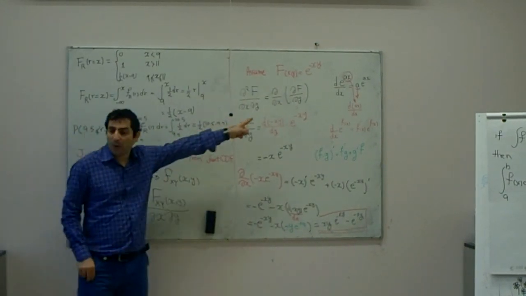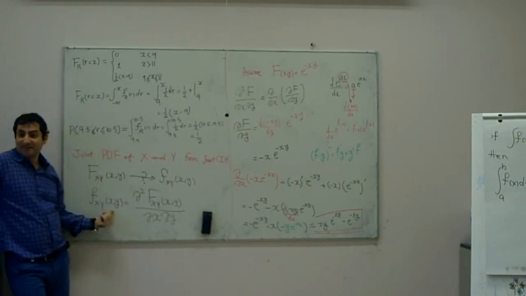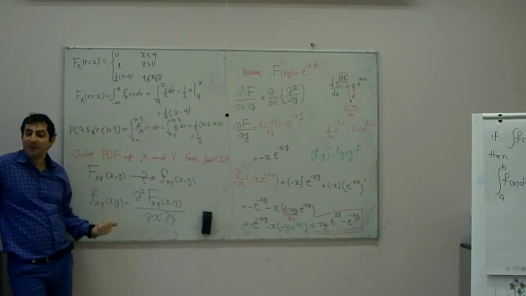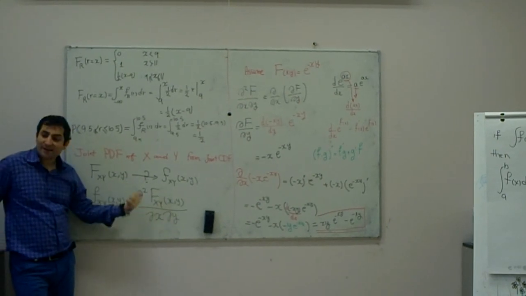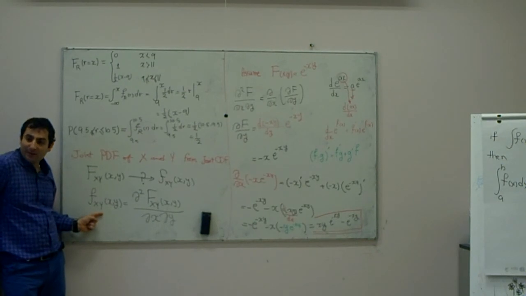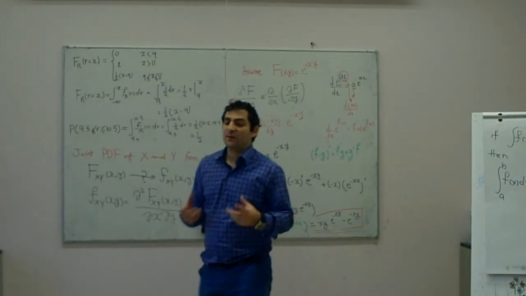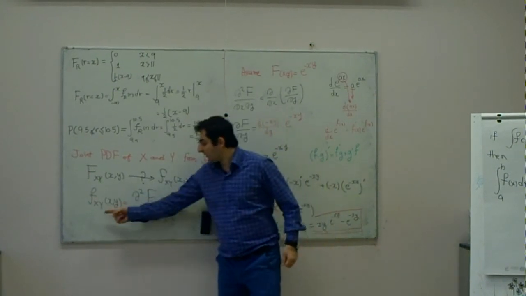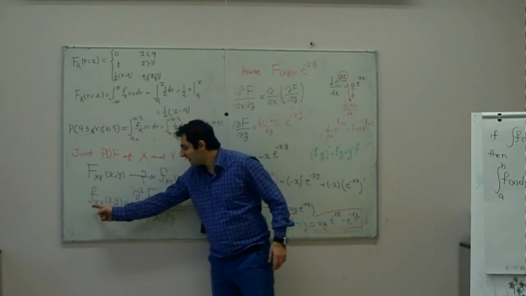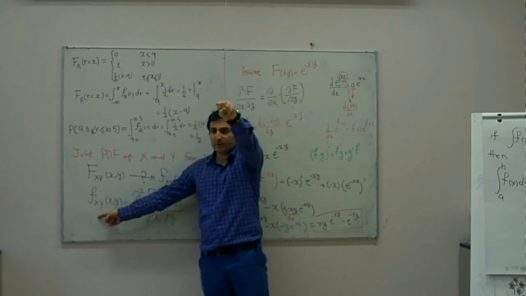Why is this important? Why do we need to know this derivative? Because if I give you the joint CDF, now you can extract the joint PDF. Why do I need to extract the joint PDF? Because we will learn, if I know this one, I can see what is the probability distribution function of x, which is called marginal probability of x.